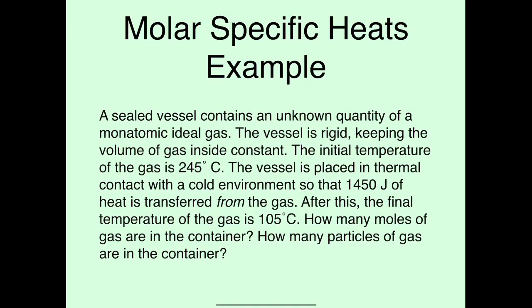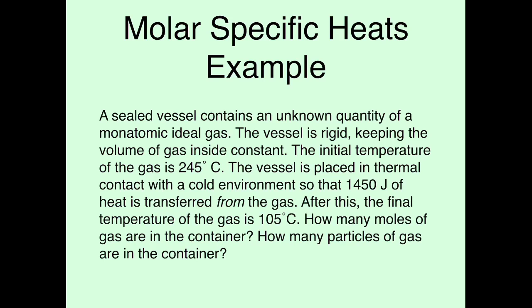Okay, so let's take a look at an example where we start using these molar specific heats in our calculations. So we have a sealed vessel which contains an unknown quantity of a monatomic gas. The vessel is rigid, which keeps the volume of the gas inside constant. The initial temperature of the gas is 245 degrees Celsius.